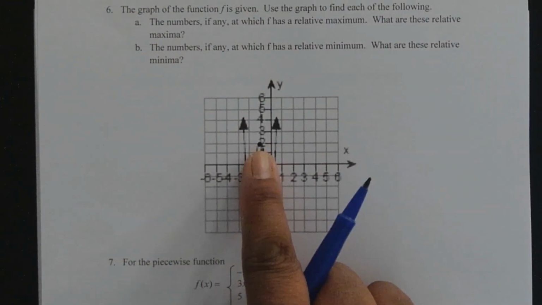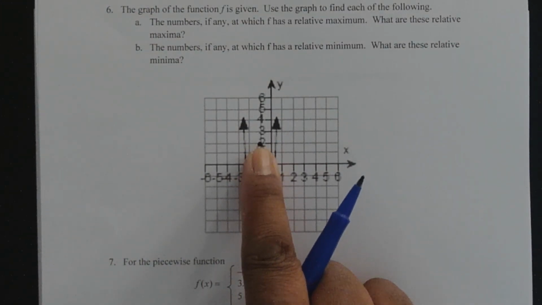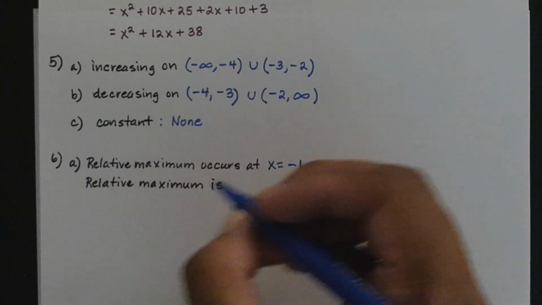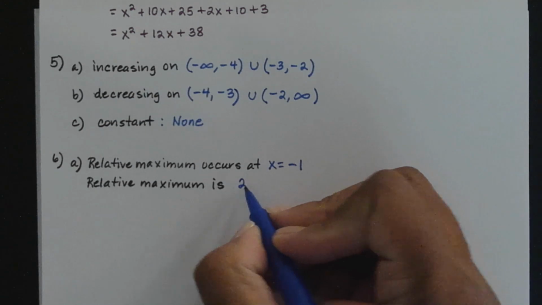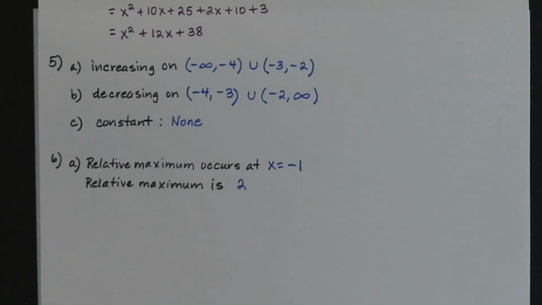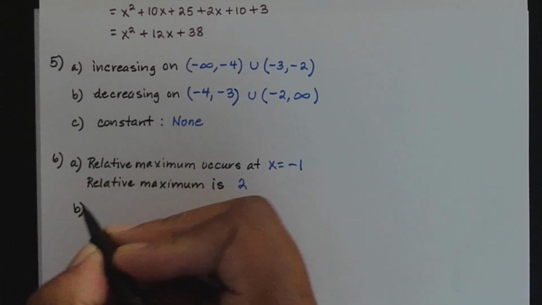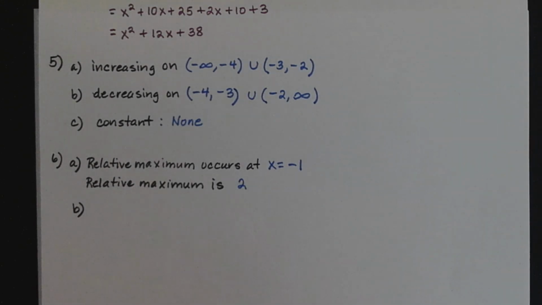Now, by looking at this, what would be the y value for that relative maximum? 2. So the relative maximum is 2. All right, questions about part A.